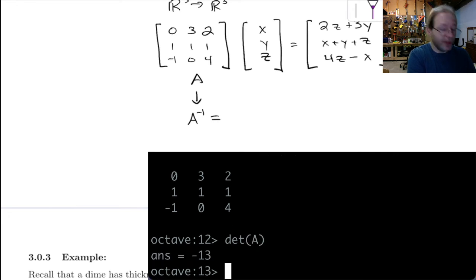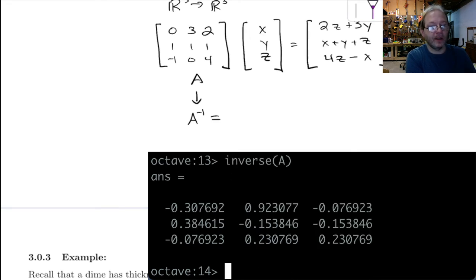I'm taking the determinant there just for fun. A determinant of negative 13 means that the inverse is not going to be pretty. Let's see, inverse of A. Yeah, it's all these numbers, and they have a denominator of 13, so they're not very nice decimals.